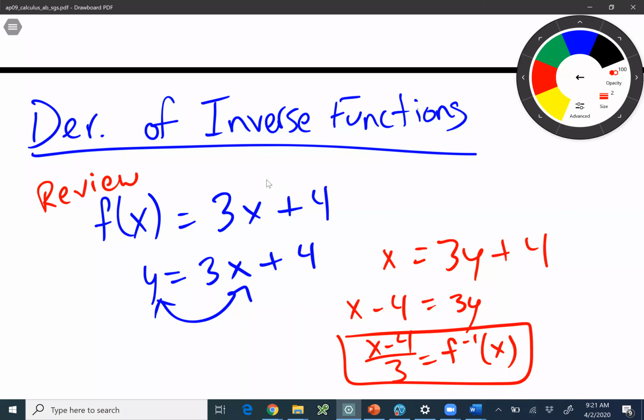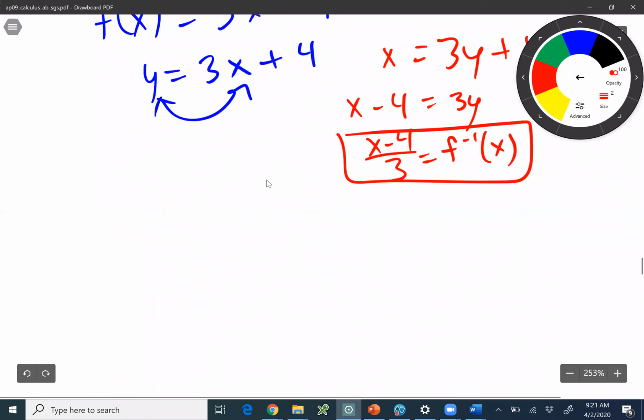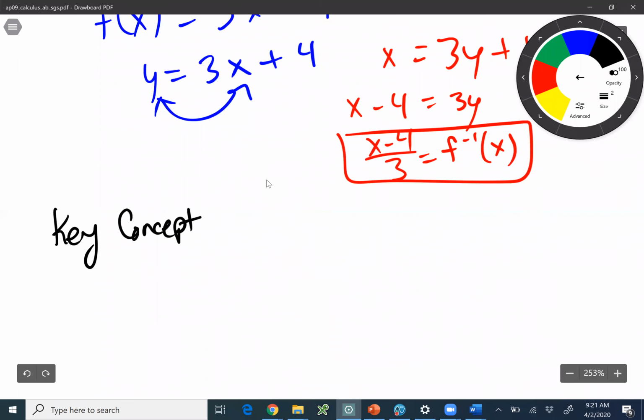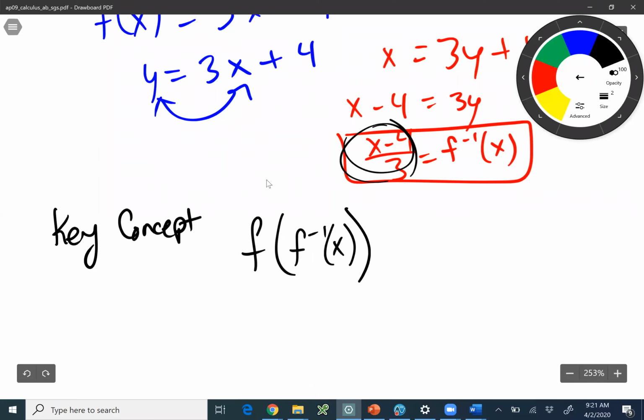Okay, and the key concept about inverse functions is that when you plug them into each other, they cancel out to just x. So if you do f of the inverse function, you plug in this (x minus 4) over 3 into f.